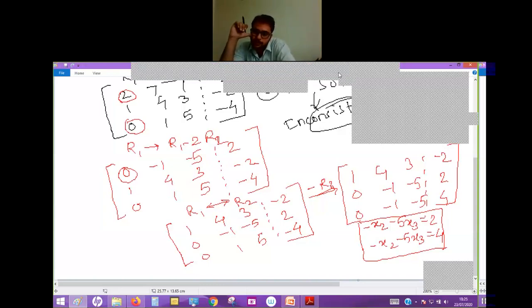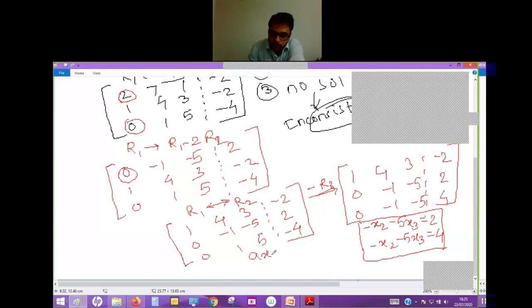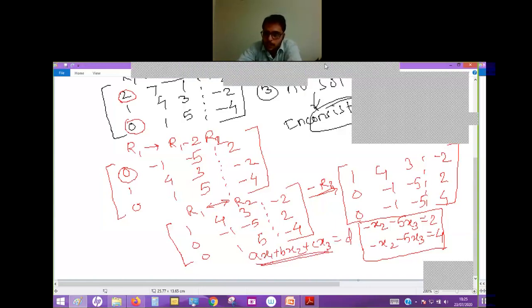In school mathematics, ax1 plus bx2 plus cx3 equal to d is the standard equation of what? Can you please tell me? And if you are able to tell, then you will be able to tell what these two equations are doing to us.